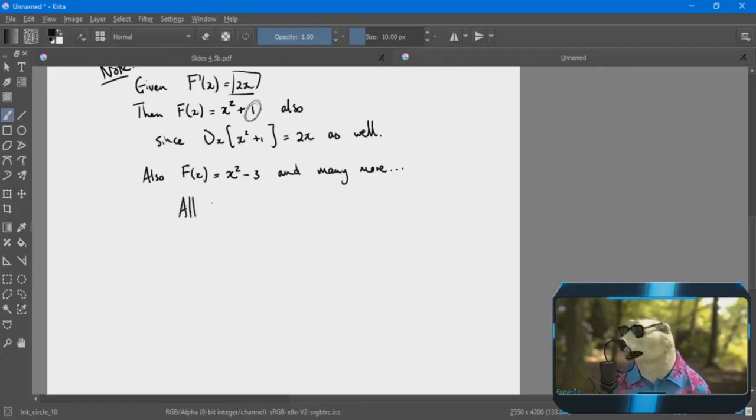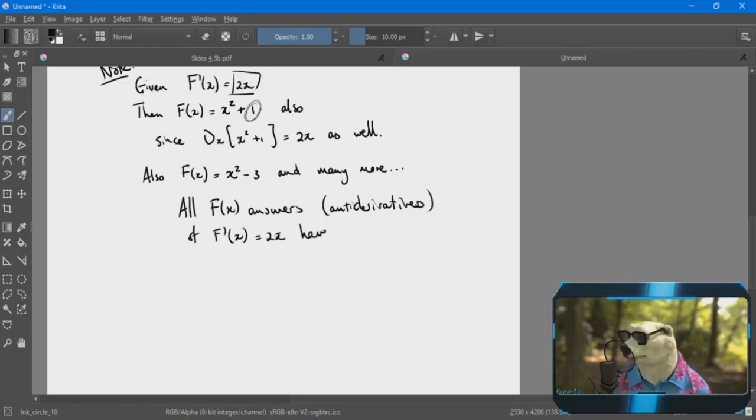So let's say here, all the f of x answers, all the antiderivatives of 2x have the form x squared plus or minus a constant.